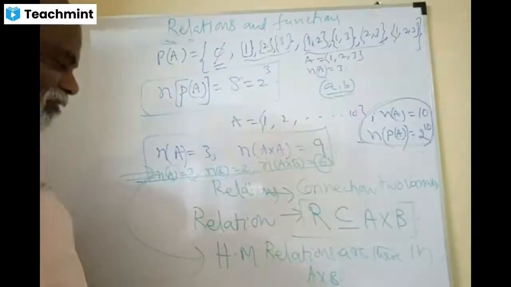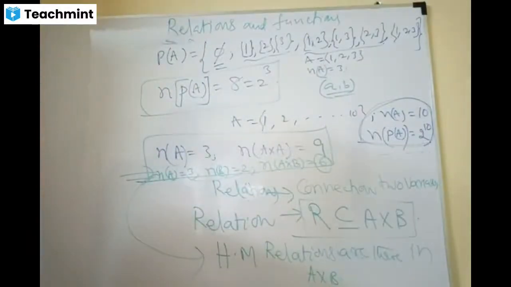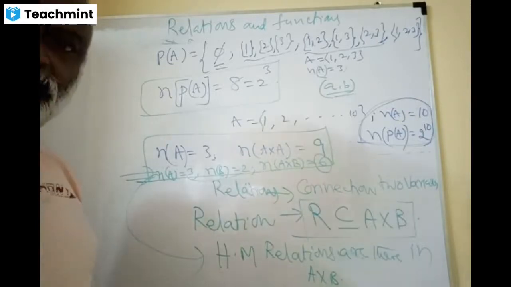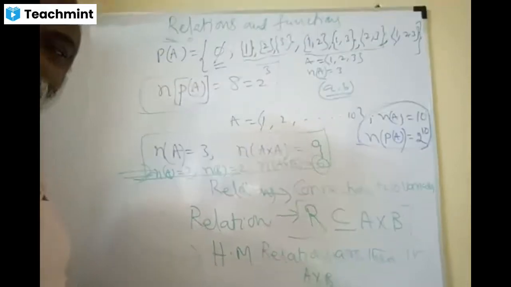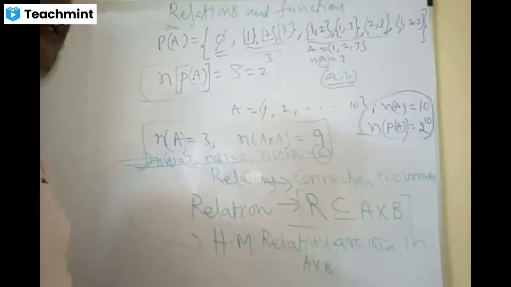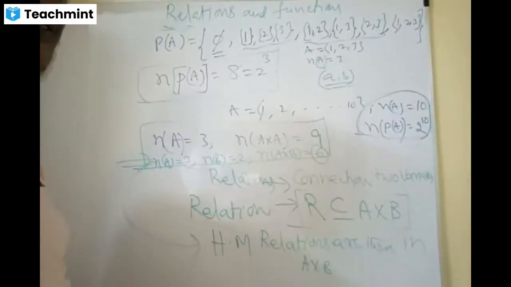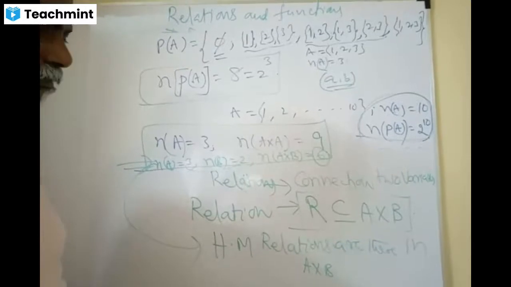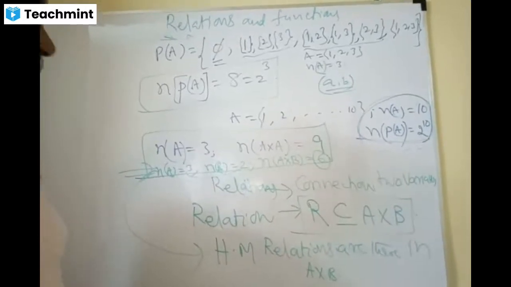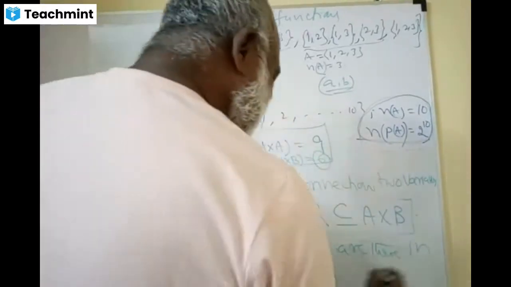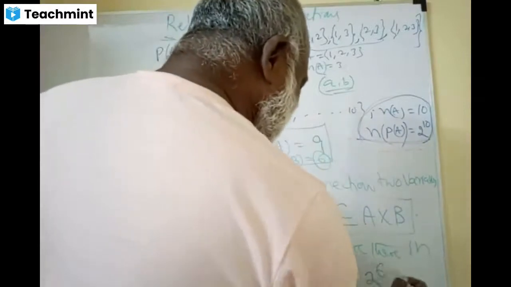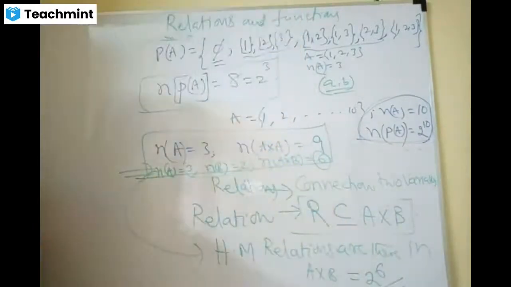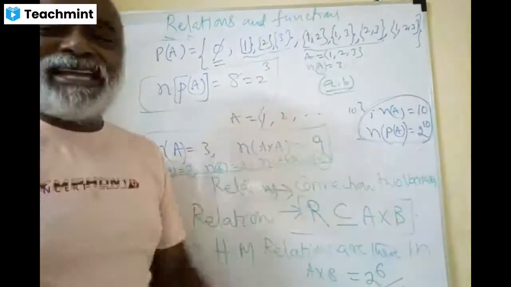Yes, Arpit? Not sure, sir. No idea. Bhavishna? So 2 power 6, sir. Brilliant. How many relations are there in A cross B? 2 power 6. Amazing. That's why I gave this intro, my dears.